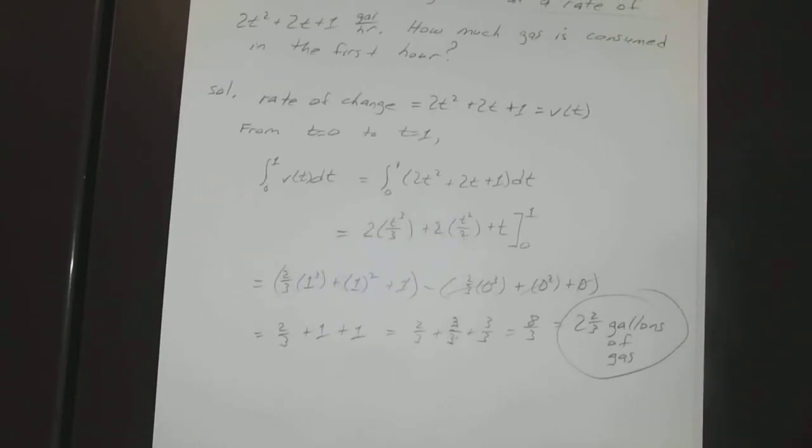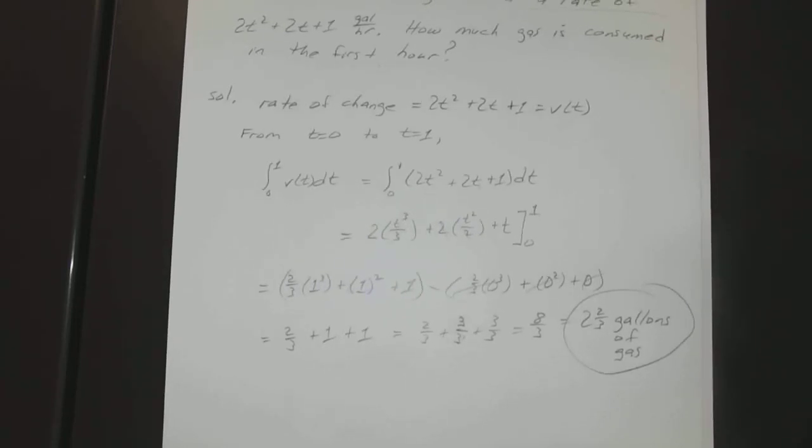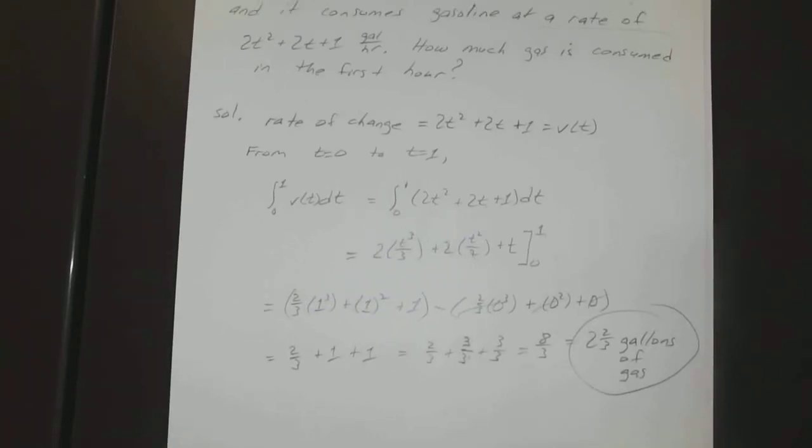All right, so any questions on this one? What would you be saying if you just substituted in 1 for v of t? That would give you the rate at 1 second. This is rate of change. That's just how much gas was used at 1 second.